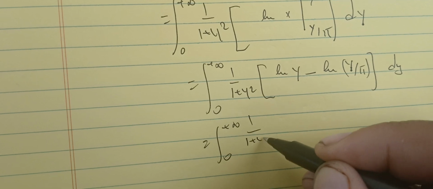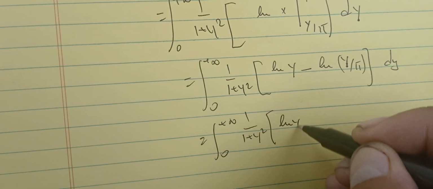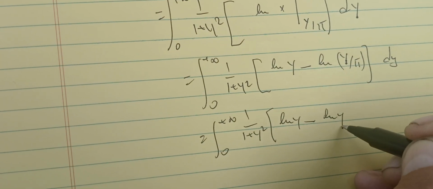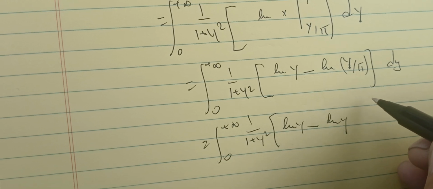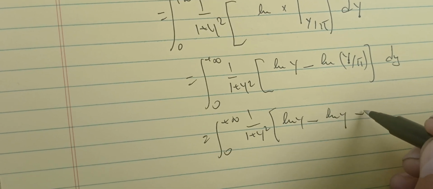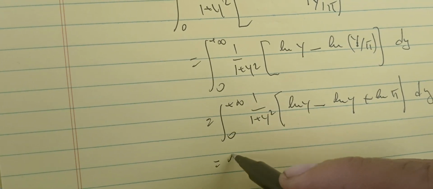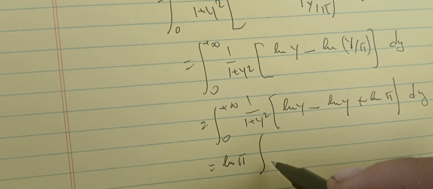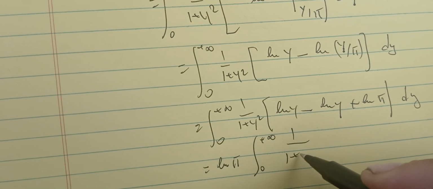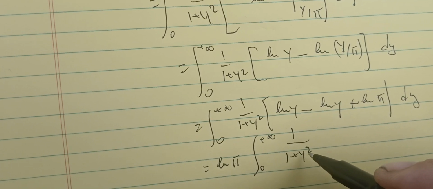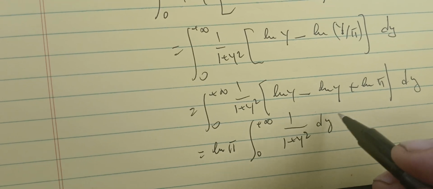So this is the natural log of y minus the natural log of y minus the natural log of pi, which is plus the natural log of pi, dy. So I'm going to have the natural log of pi outside as a constant. I'm going to integrate between 0 and plus infinity 1 over 1 plus y squared dy.